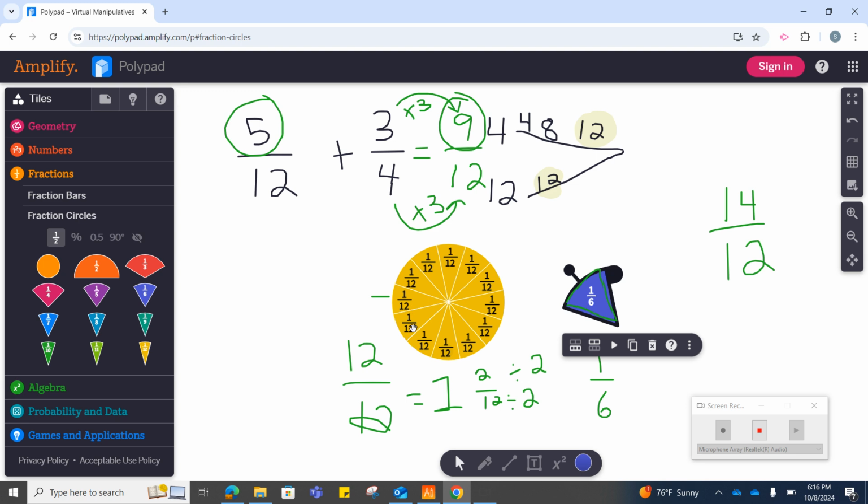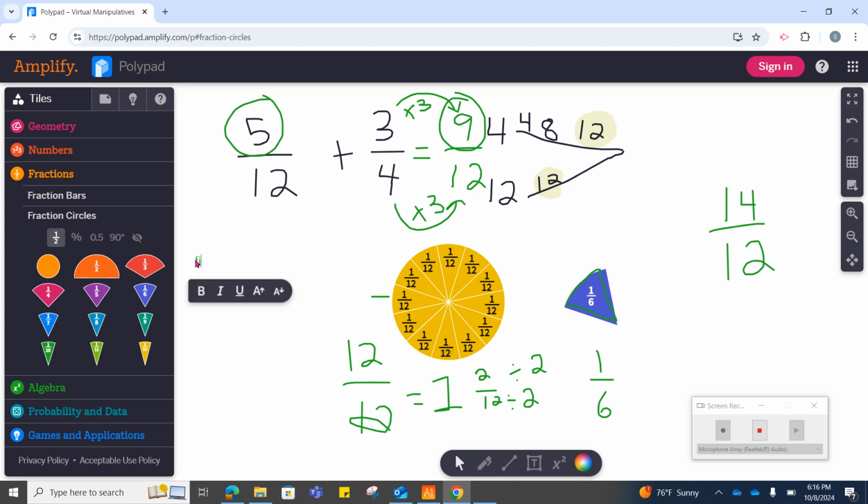So once again, we are finding a common denominator by finding a common multiple, okay? Which means a bigger number that they share. By bigger number, I mean larger in value.